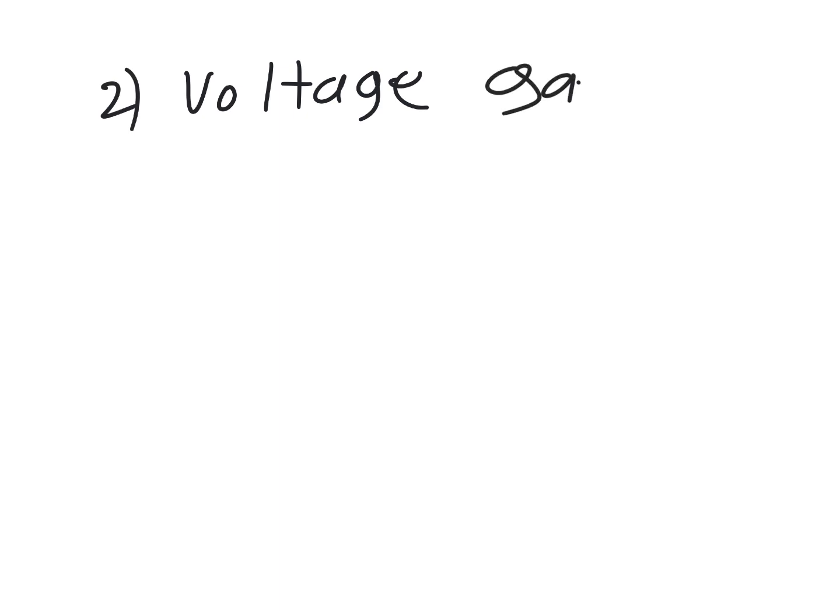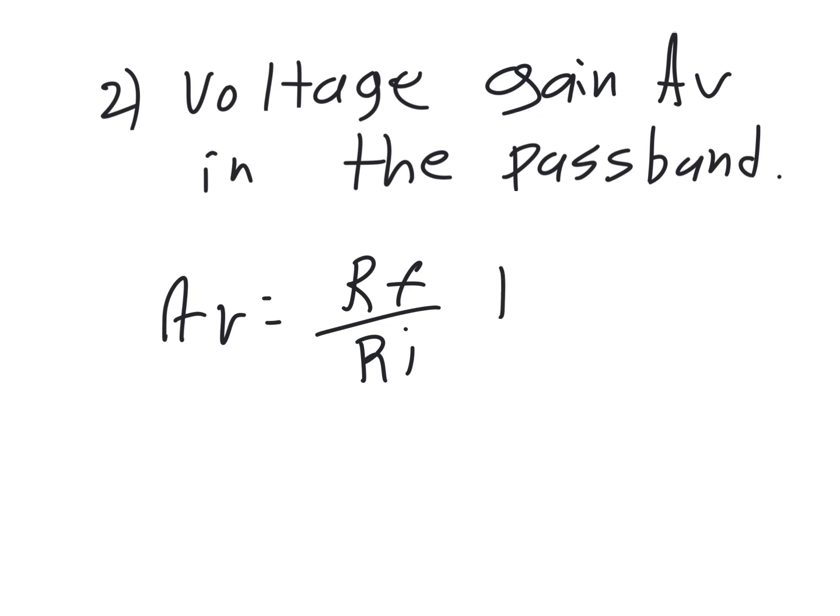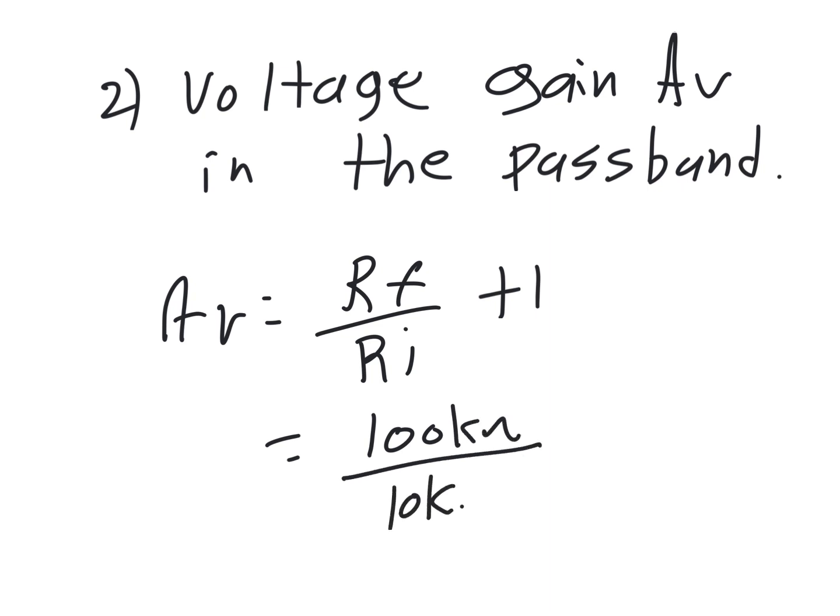All right. So then, what is the voltage gain AV in the pass band? AV equals RF over RI, equals 100K over 10K, equals 11.